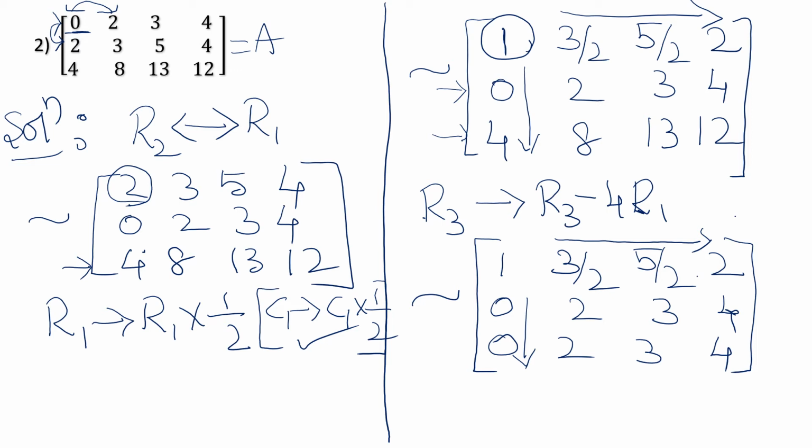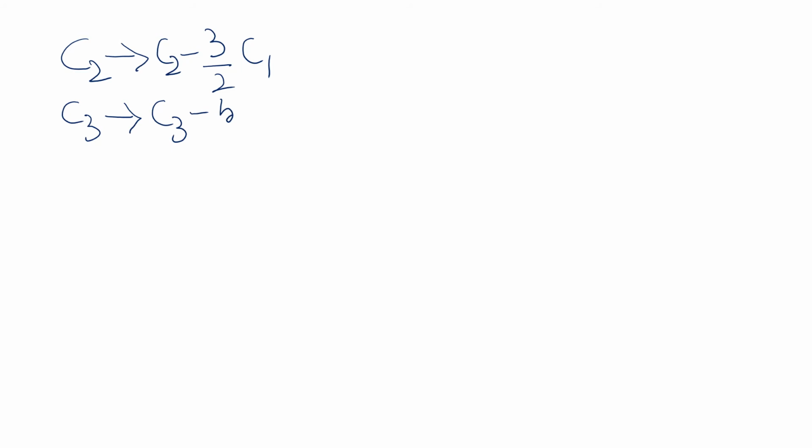We need to take up C2 is C2 minus 3 by 2 C1. C3 is C3 minus 5 by 2 C1. C4 is C4 minus 2 C1.